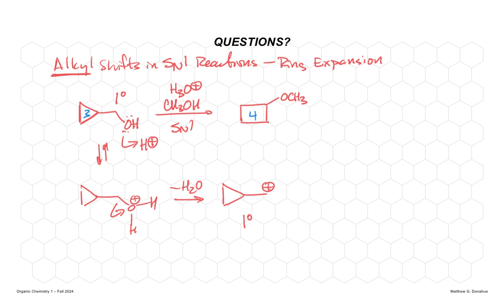But if we look at the beta carbon now, you have a hydrogen there, but you also have these other groups, this bond and that bond. It's preferred that the bond actually migrate over. If the electrons in that bond move over, that means the plus charge moves over to the beta carbon.